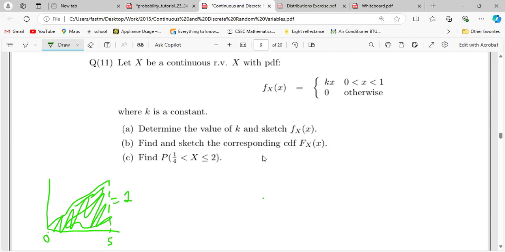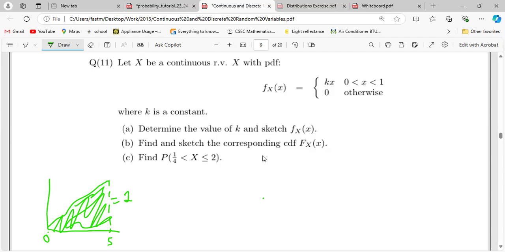Because the area under the curve is the probability, and the sum of the probabilities, which is equal to the sum of the area, is equal to 1. So you can actually use this to get anything you want. The total area under the graph must equal 1. You have to remember that.